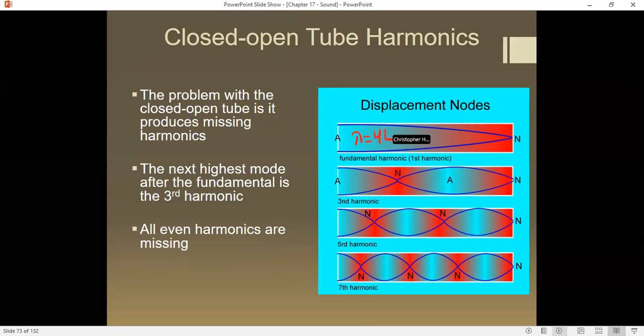The next harmonic, sometimes we call it the second harmonic, sometimes we're consistent with the integers and we call it the third harmonic, has a wavelength equal to 4/3 L. The next harmonic, 4/5 L. And then finally, 4/7 L.